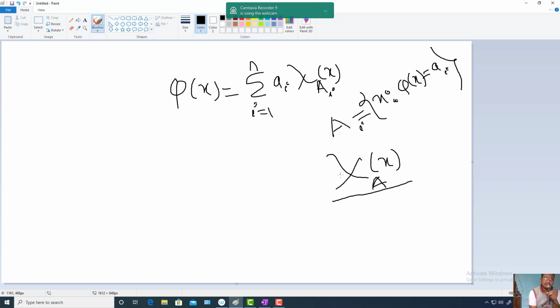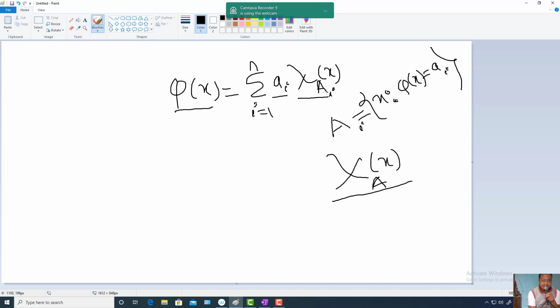Okay, that means when the simple function is going to be measurable, this is a finite sum of characteristic functions multiplied by constants. The characteristic function chi Ai is going to be measurable if and only if Ai's are measurable.